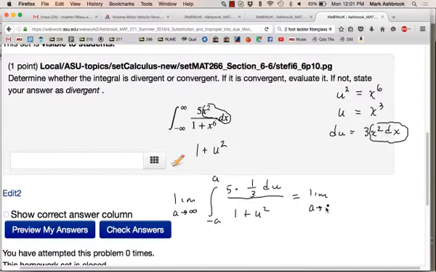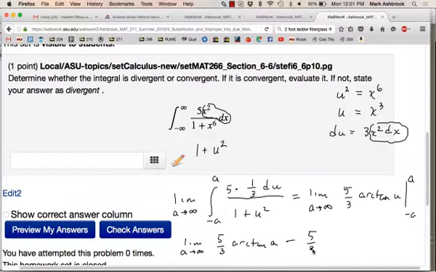So as a goes to infinity, we have 5/3 arctangent u from negative a to a. So we're going to have 5/3 arctan of a, sorry, minus 5/3 arctan of negative a.